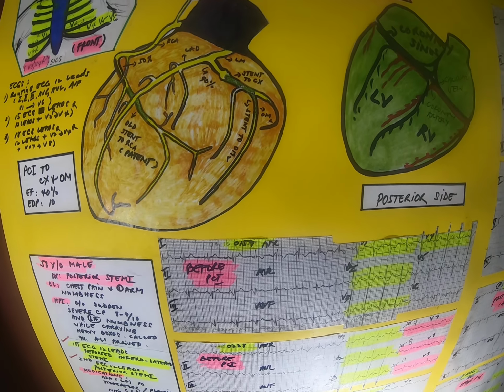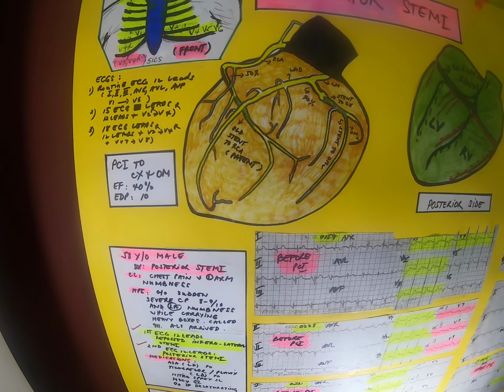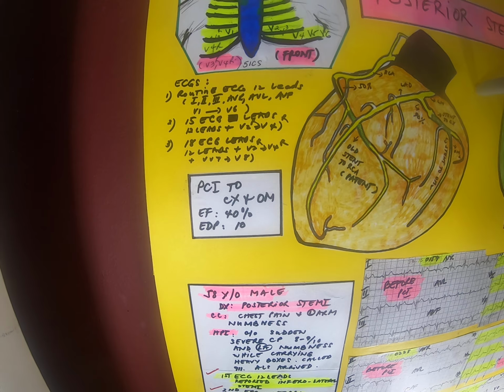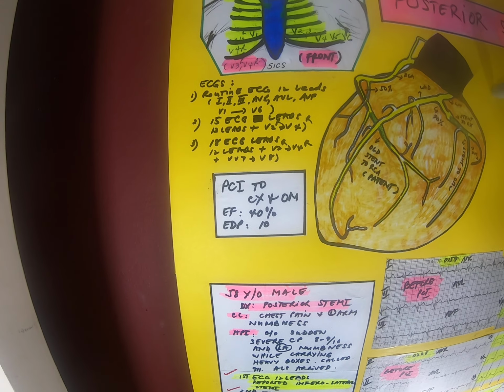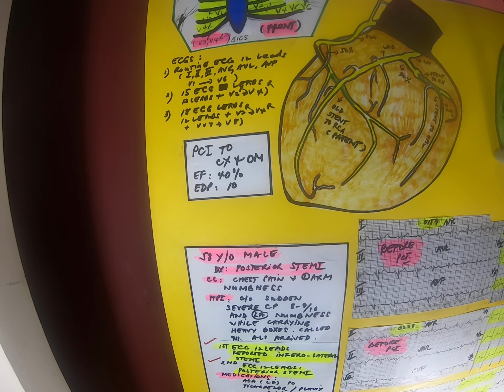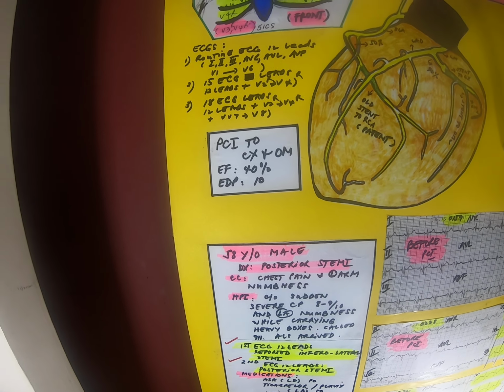So that's done. We usually do 3 kinds of ECGs in the unit, or in the emergency room. If a patient comes in, they do the basic ECG, even the paramedics or the advanced life support do that.